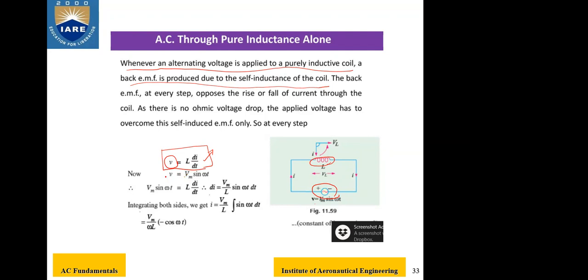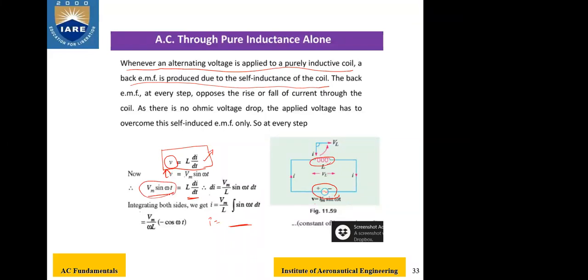What is the supply voltage here? V is equal to Vm sin omega t. And L into di by dt. From this we will get the current I. What is the current flowing through the inductor? How to get this? The voltage equation at the inductor is V is equal to L into di by dt.